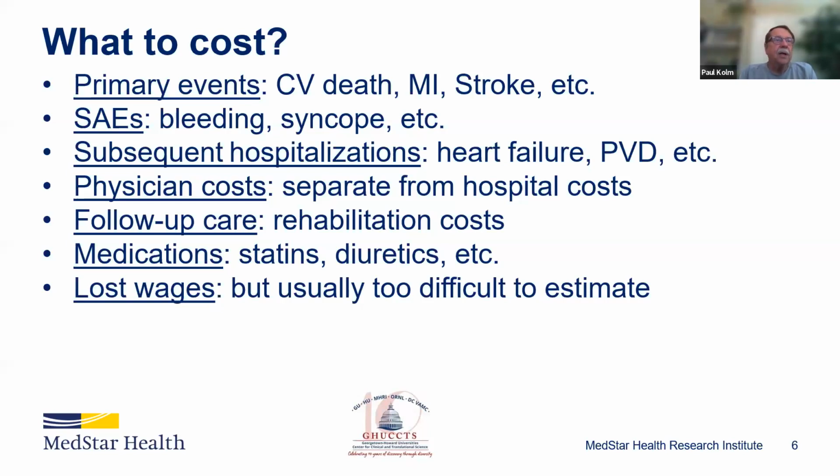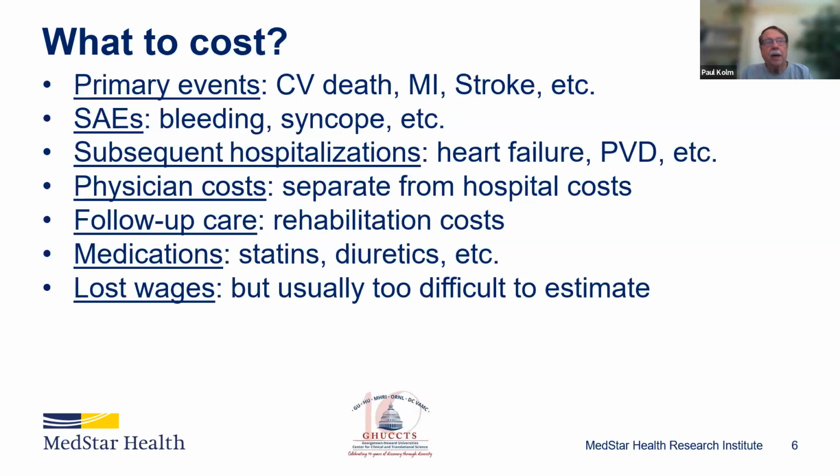And then, of course, a really important one, particularly for pharmaceutical studies, is the cost of medications. And that would include medications that are being normally taken by the patients, like statins, for example.